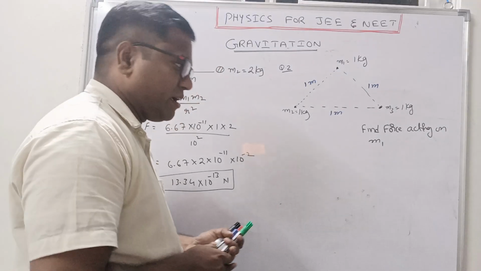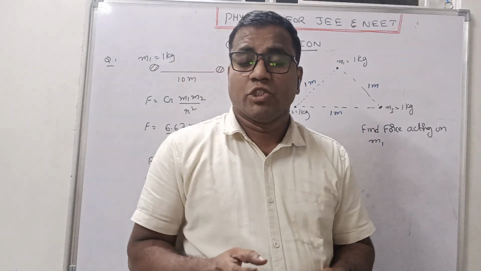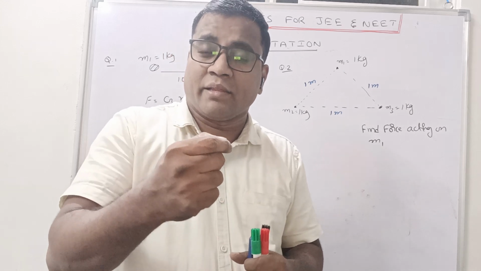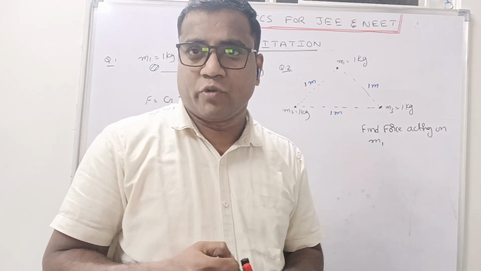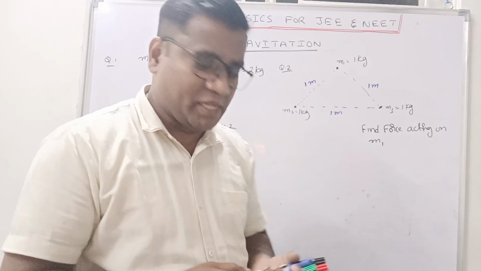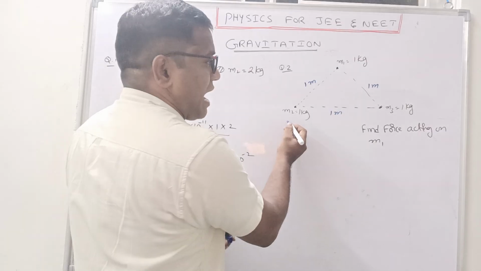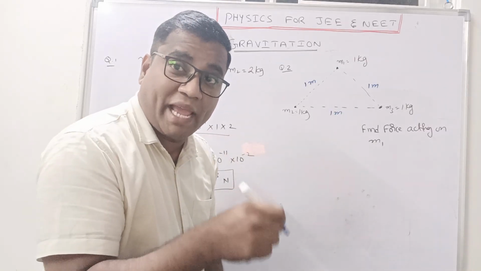When you see here, many times students get confused about how to identify the direction of forces. Please try to understand here. So here M2 is there and we are calculating force on M1.